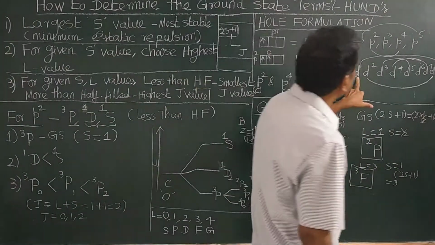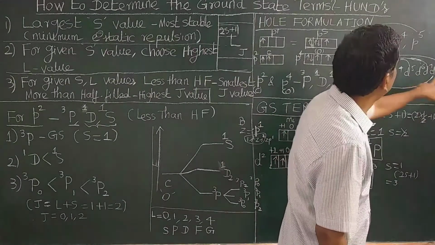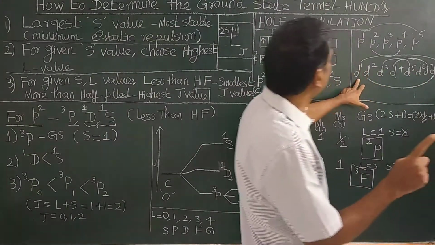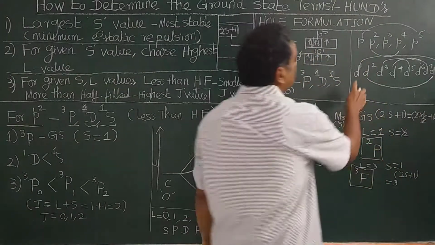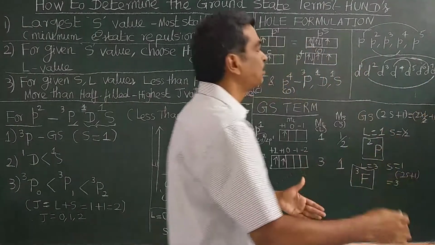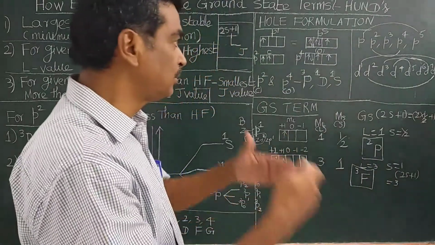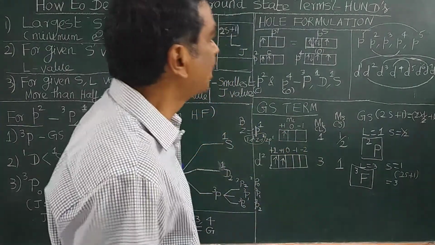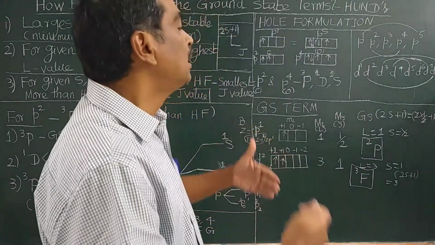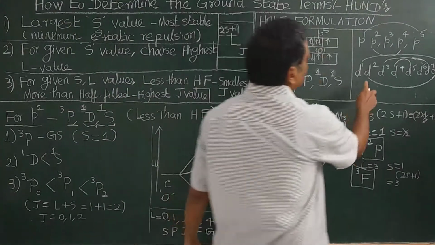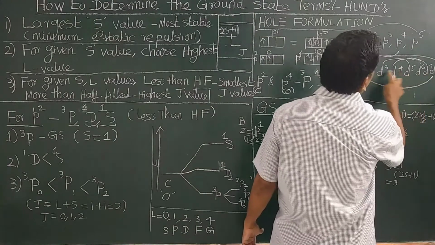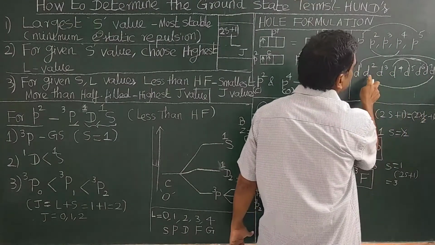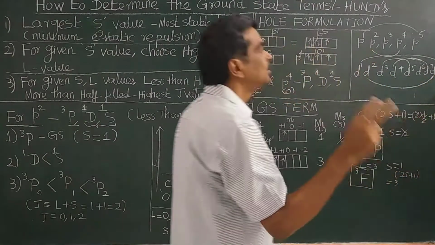So we have seen what the hole formalism is. Now similarly D1, D2, D3, D5: D1 number of unpaired electrons is 1, D9 has one hole. Therefore D1 and D9 have the same number of terms, same number of microstates, same number of states. Similarly D2 and D8, D3 and D7; here the number of unpaired electrons is 2, D8 number of holes is 2.